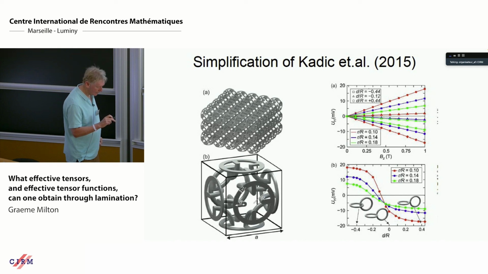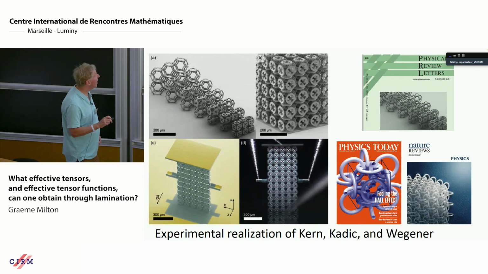That was very nice, followed by tests and actually building these microstructures. These are real microstructures, not a computer-generated image. They did tests like this for the Hall coefficient, and it did show this reversal.